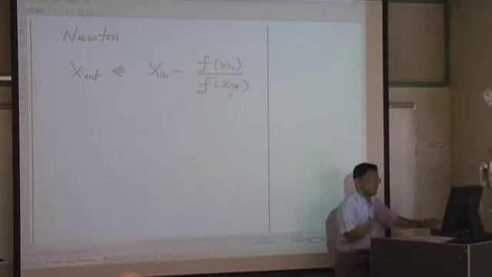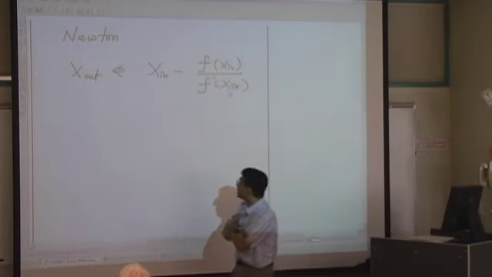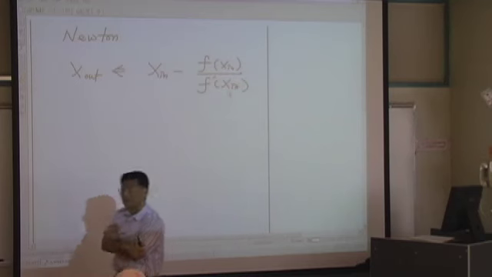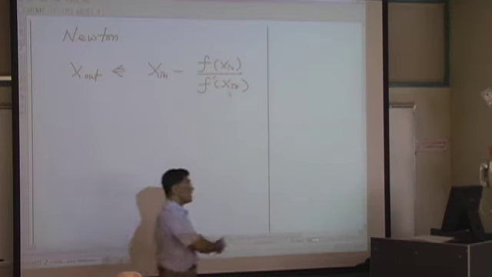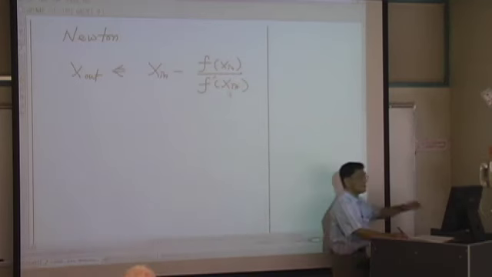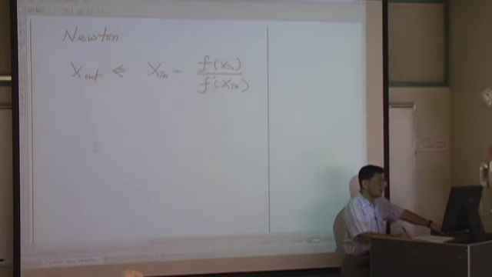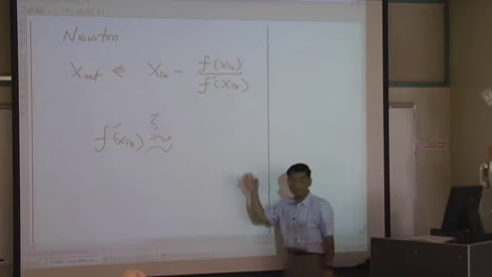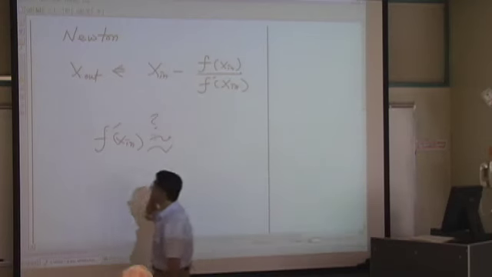This was Newton's method, right? And now the problem is this. Assume that we do not have the derivative. Then how can you replace the derivative?